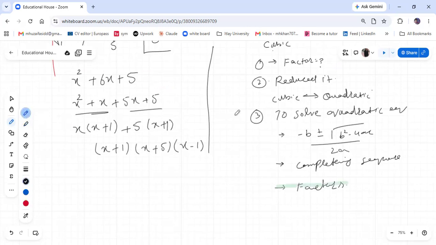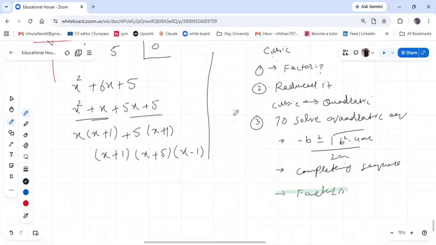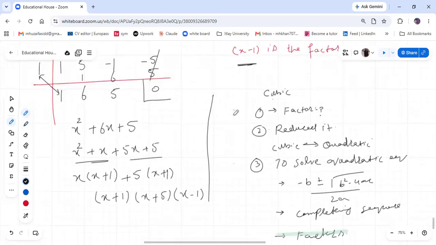Yes, sir. So this is the summary. In this manner many students feel easiness, and many students can be confused if they are not making the proper summary. Make the proper summary before solving any problem.